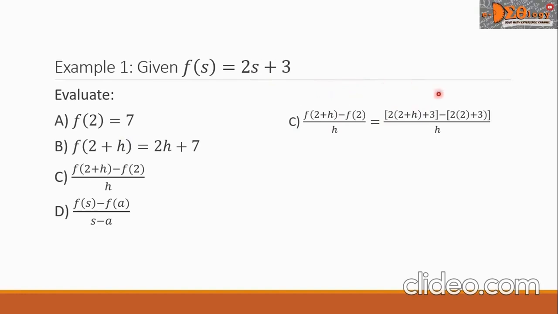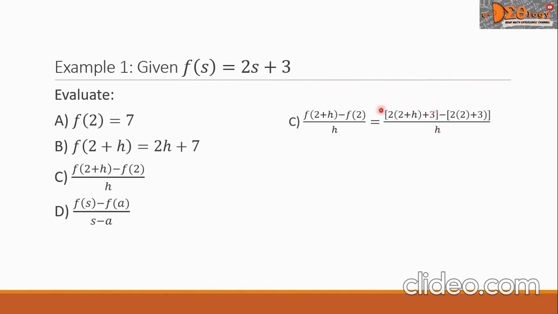Then minus the f of 2. The same idea, I will copy this function in here, and then for every s that I see, I will change it by the number 2. So we have here 2 times 2 plus 3, then all over the h.